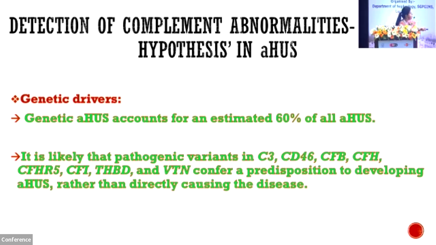And most of them are complement mediated or non-complement mediated genes. In non-complement mediated genes, the ones that we need to look out for are thrombomodulin, the diacylglycerol gene, vitronectin, and recently there have been reports of INF2. INF2, as you all know, is a common cause of adult onset FSGS, right?